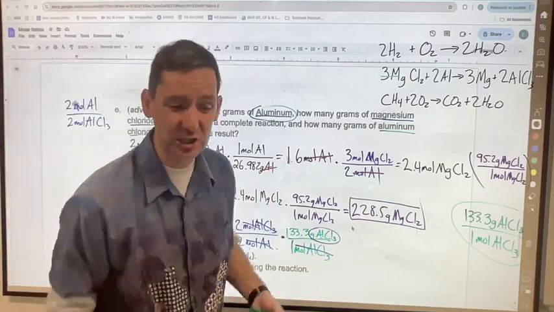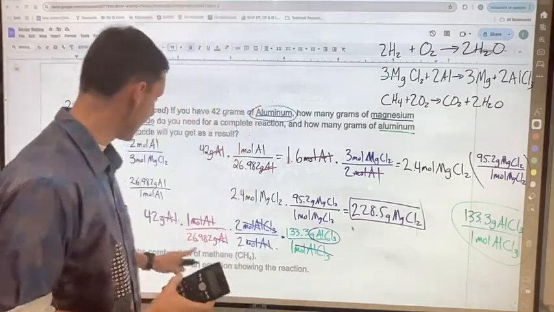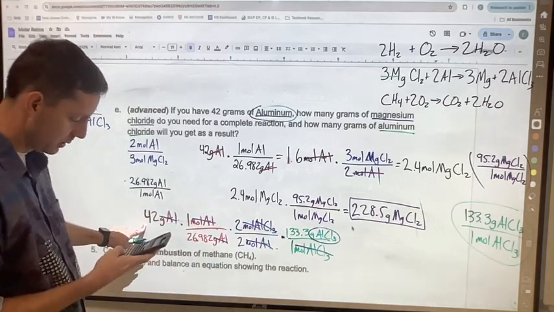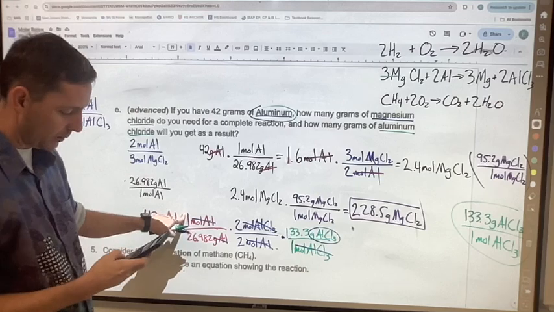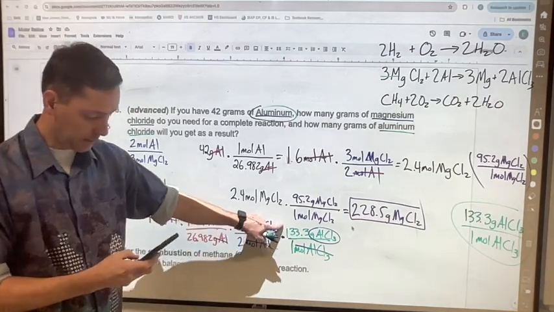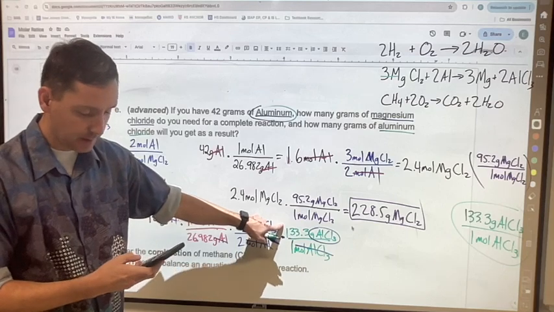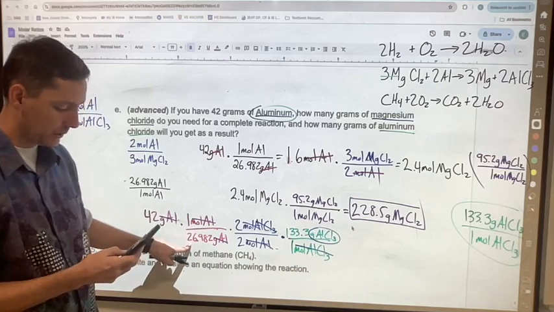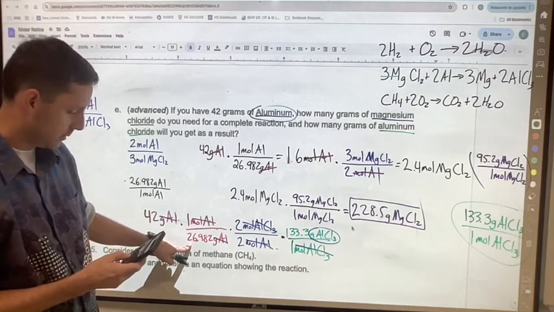So at this point, I just need to do the calculation. Again, we just multiply everything on the top. So I'm going to go 42 times 1. I don't really need to do the times 1. Times 2 times 133.3. And then I'm going to divide by anything on the bottom. So divide by 26.982.